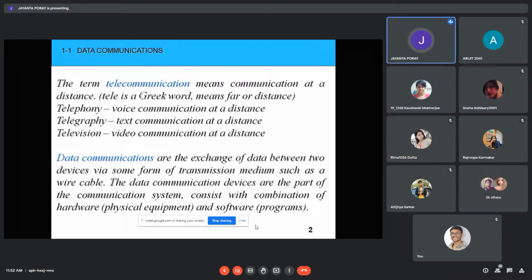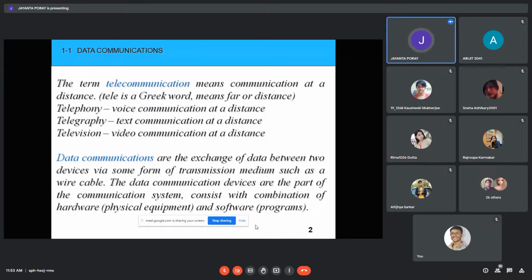When I say telecommunications, that means communications at a distance. Tele is a Greek word that means far or distance. There we have different types of telecommunications infrastructures. We call telephony voice communications at a distance, telegraphy text communications at a distance, and television video communications at a distance.